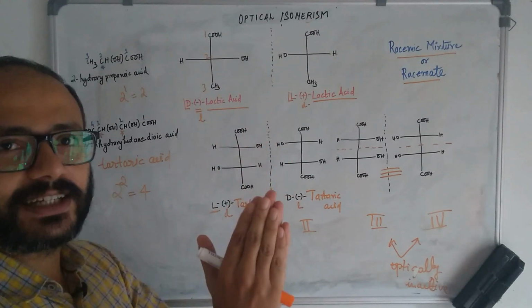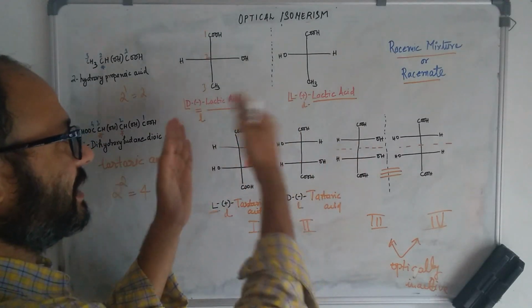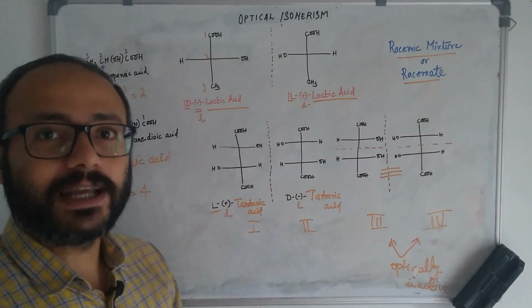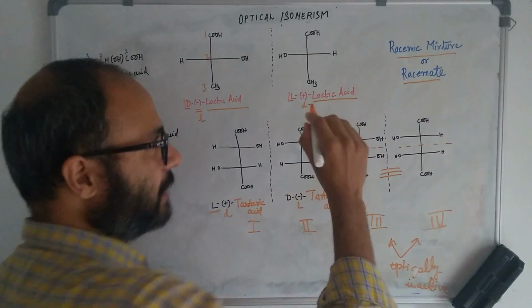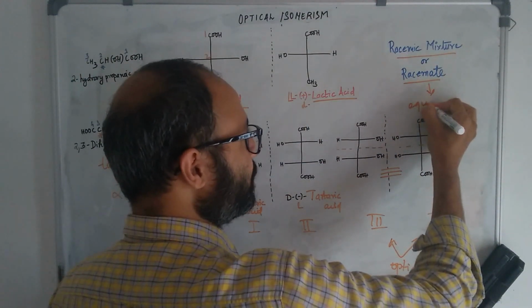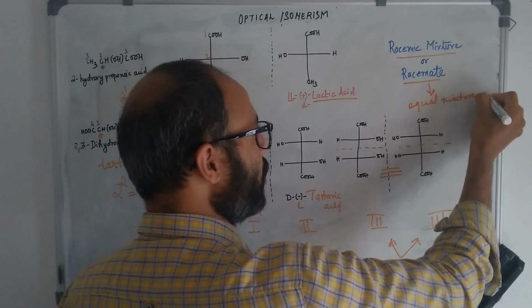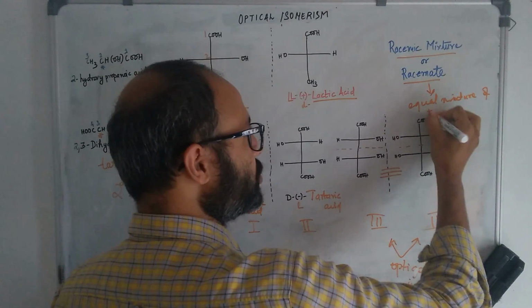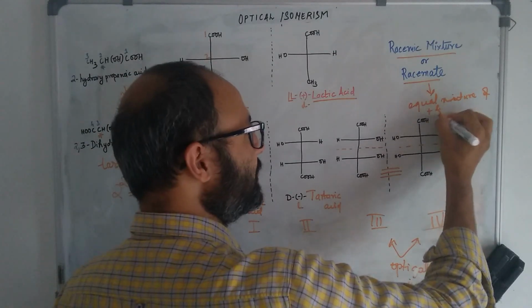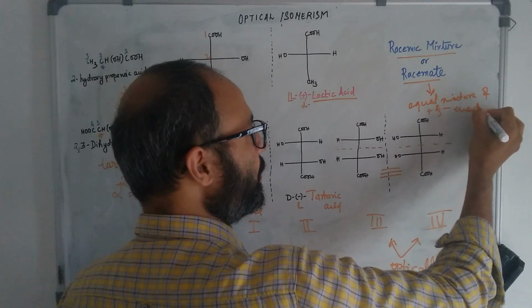So the net effect is that this mixture, which contains equal amounts of both the plus and the minus, would be optically inactive. So a racemic mixture or the racemate is nothing but an equal mixture of the dextrorotatory and the levorotatory enantiomer.